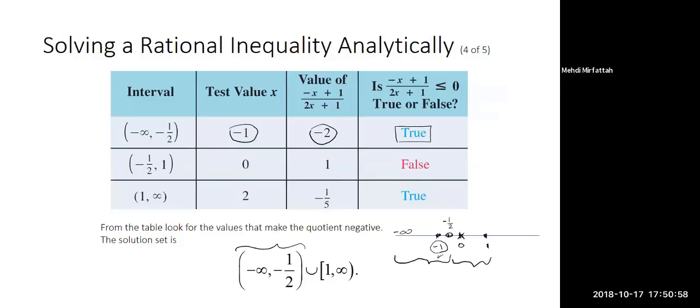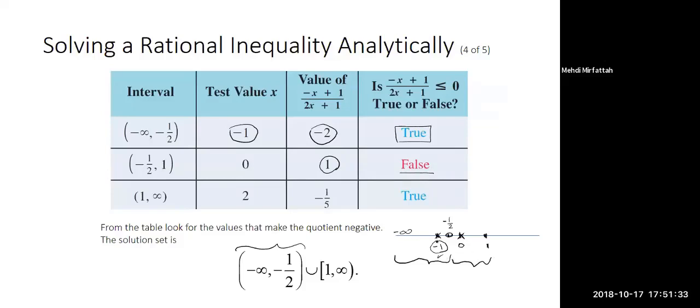If I substitute 0 for each x, you get 1 over 1, which is equal to 1. Is it true that 0 is a solution? We want this to be less than or equal to 0. So 1 is not less than 0, so it's false. Therefore, the solution does not exist from minus 1/2 to 1.